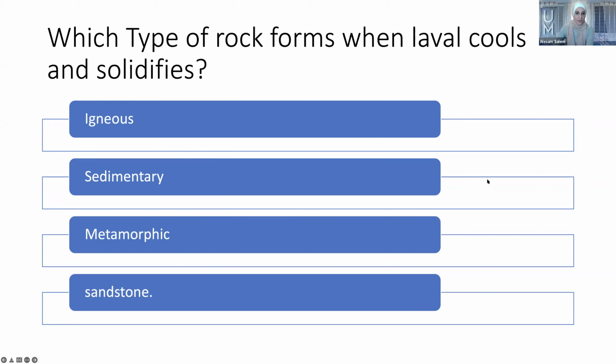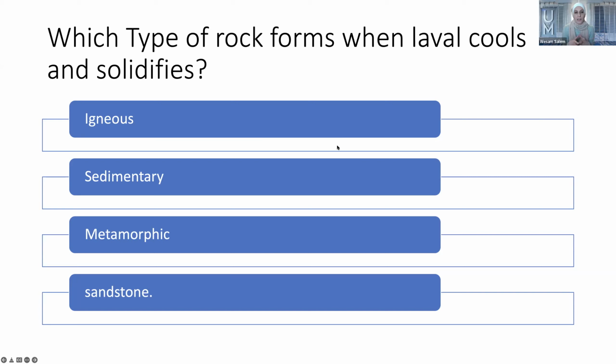You're correct. It is igneous, and you just recalled what you have been taught in science. So the igneous was something that you could relate to. Let's go over them. Sedimentary, when you sediment, you're putting things on top of each other, which is usually done with sand and calcium residues and things like this.